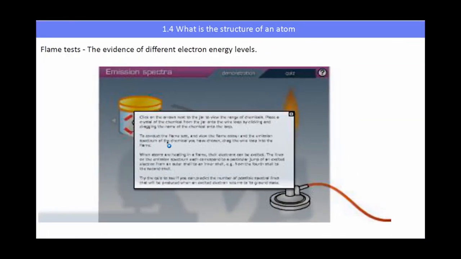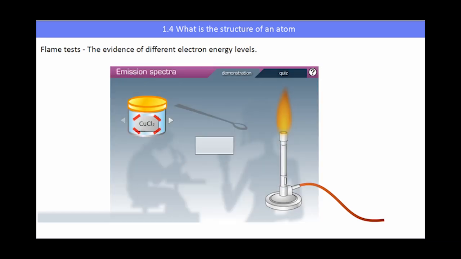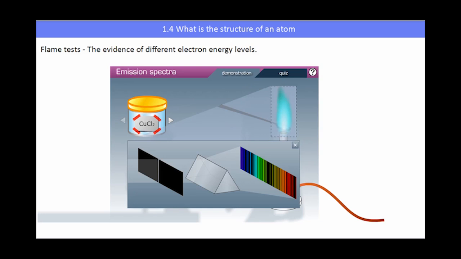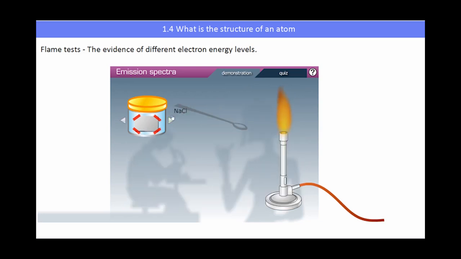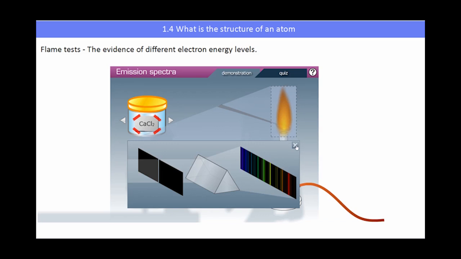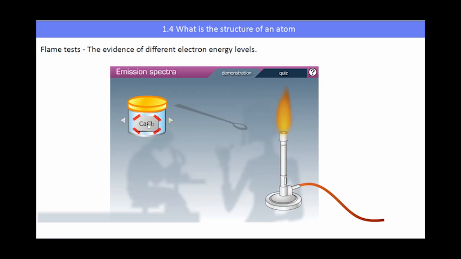So where did this theory of the shells come from? Well, it came from what we call flame tests or emission spectra. So when we put certain atoms into a flame, we get a number of different lines in what we call a spectrum occurring. These lines are certain energy levels.